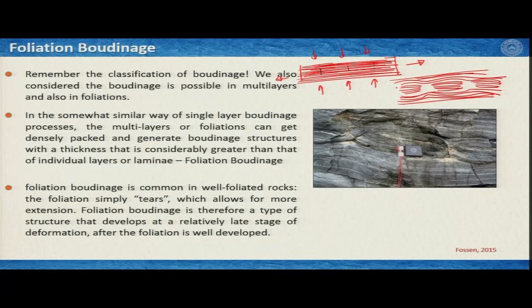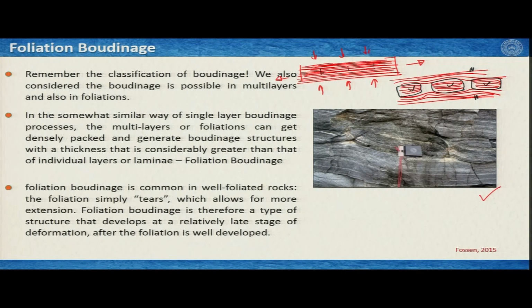So, now you see that this actually is representing a shape of Boudins, but apparently these segments, this segment, this segment or this segment, do not have any competence contrast with respect to the surrounding layers. So, this is a very interesting process, and we see this in nature, people do research on it, and here is an example of the foliation boudinage.